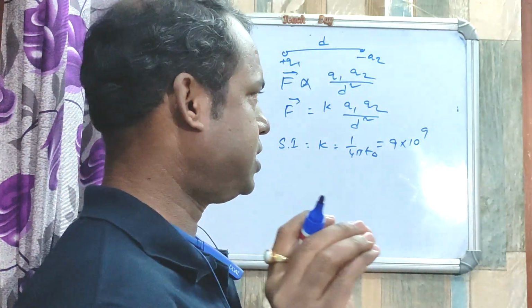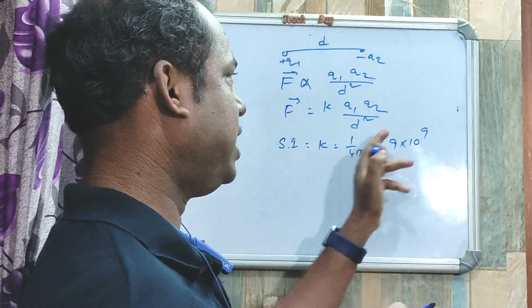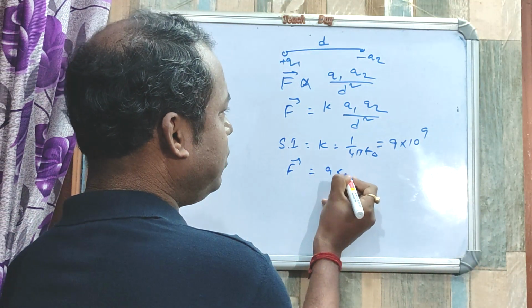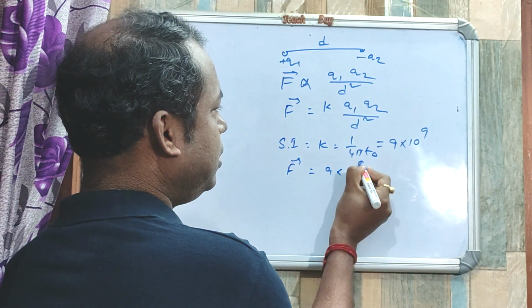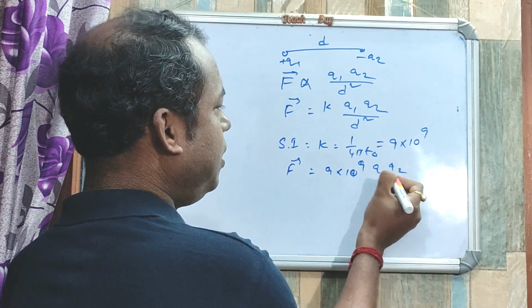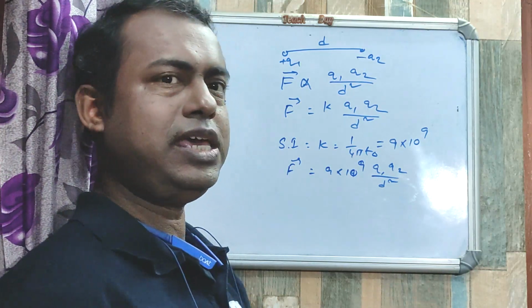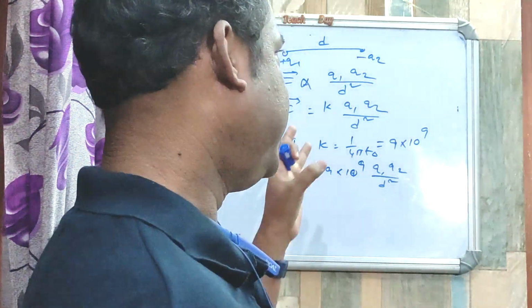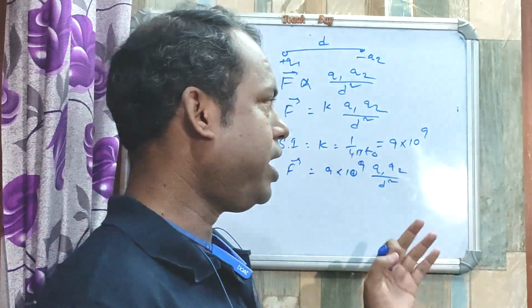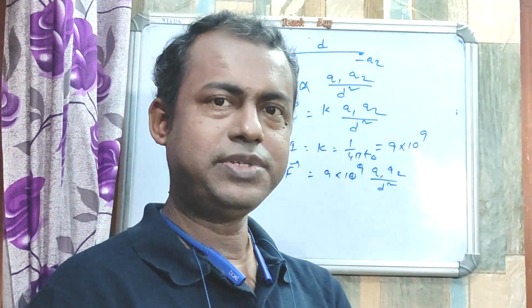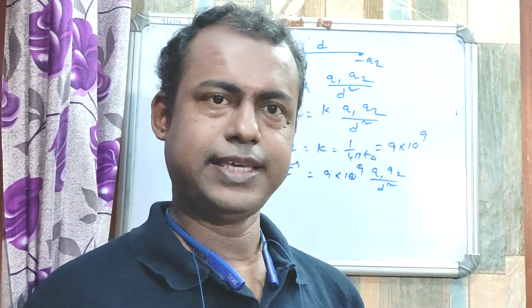Remember this. Putting this value, F equals 9 into 10 to the power 9 into Q1 Q2 by D square. If you want to know more, watch my previous video on Coulomb's law. Now we solve the first problem of the NCERT exercise.